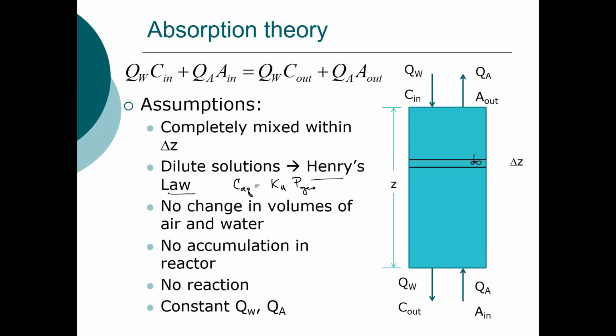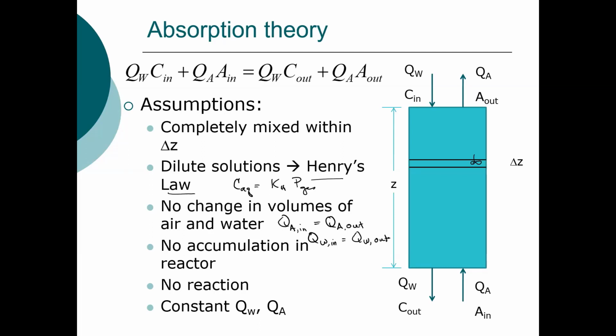We will also assume that there are no changes in the volumes of the air and water. So as the air and water pass through this column, volumetric Q air in is equal to the volumetric Q air out, and the same thing is true for the water.